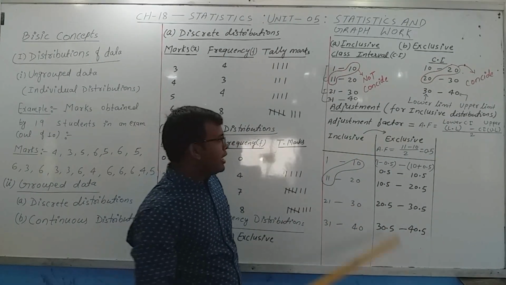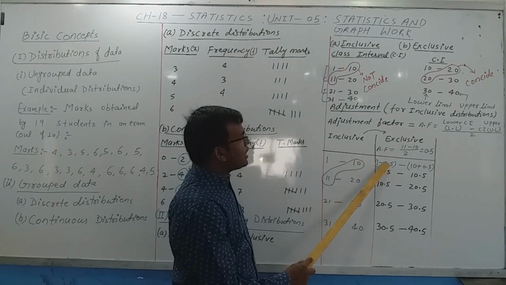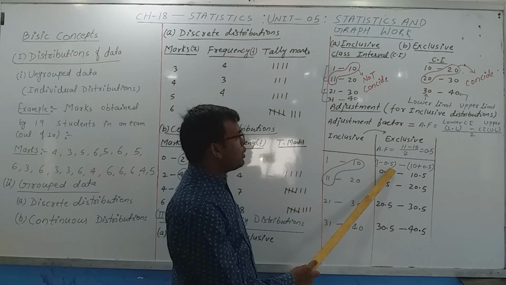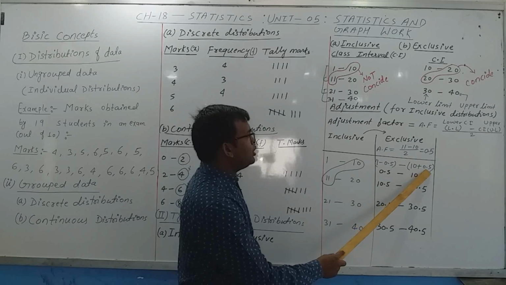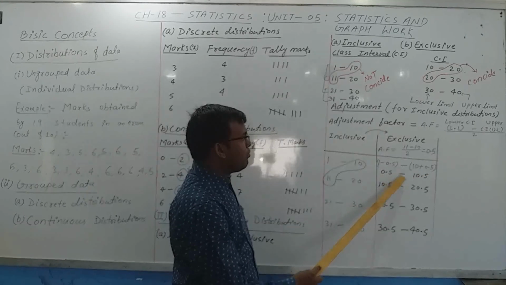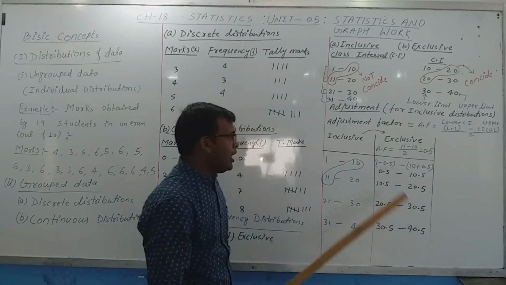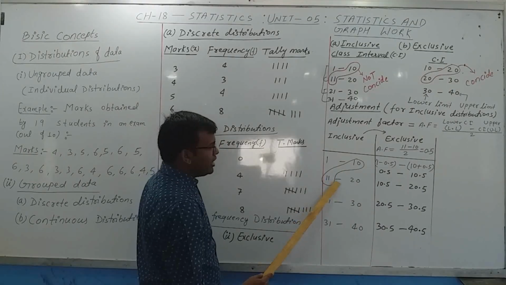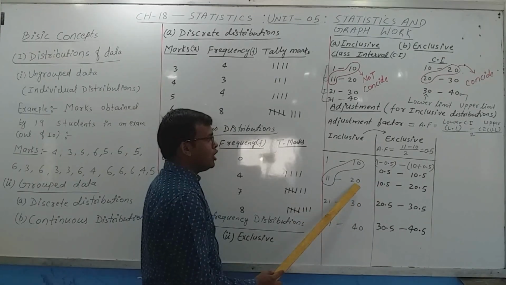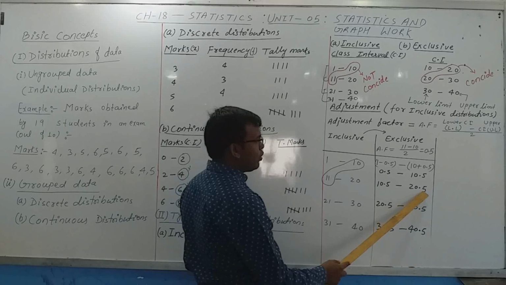Is it clear? I have done the first class interval: 1 minus 0.5 to 10 plus 0.5. It will come 0.5 and 10.5. In the same way, 11 minus 0.5 will be 10.5, 20 plus 0.5 will be 20.5.